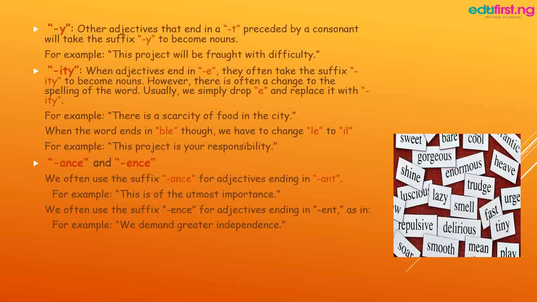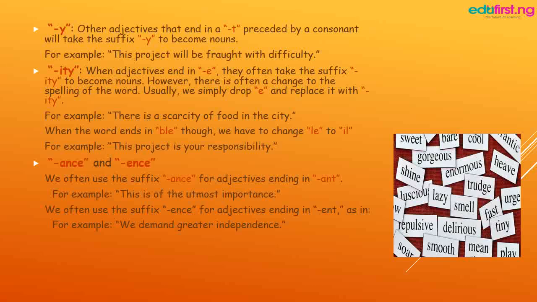Now, changing adjectives to nouns using -ity. When adjectives end in e, they often take the suffix -ity to become nouns. However, there is often a change to the spelling of the word. Usually, we simply drop the e and replace it with -ity. For example, there is a scarcity of food in the city.